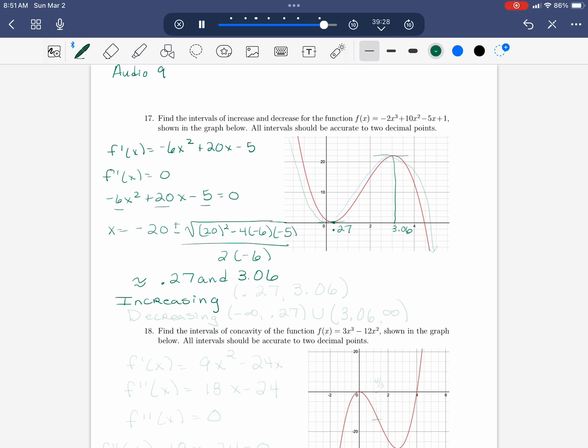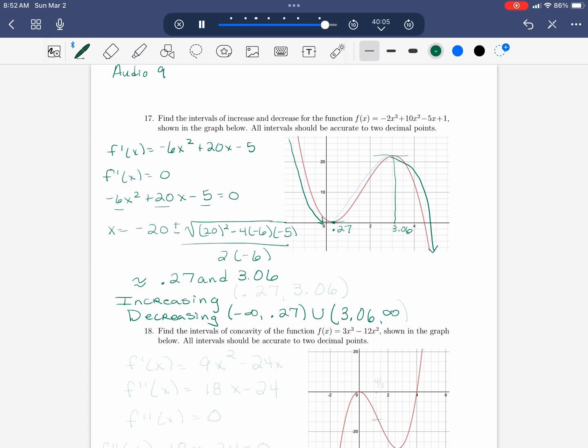And we can see that this graph is decreasing from negative infinity to 0.27. And it's also decreasing from 3.06 to positive infinity.